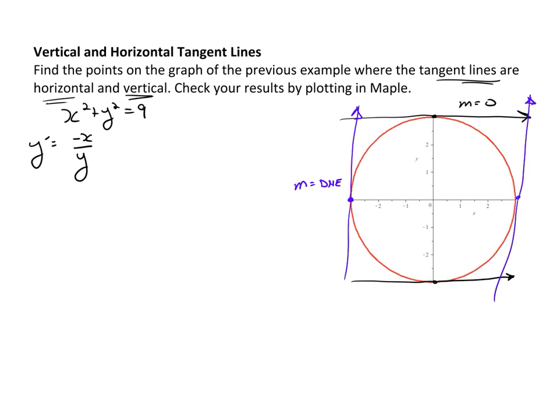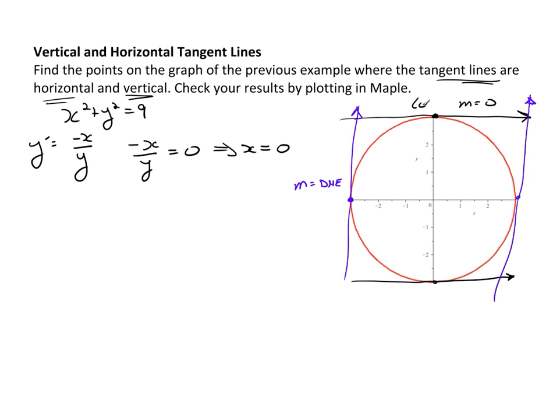Well, how do I use that to find those slopes? If this equals 0, then I have to take the slope, negative x over y, and set it equal to 0. Well, that can only happen if x is equal to 0, and of course y is non-zero, which is exactly what I have here.